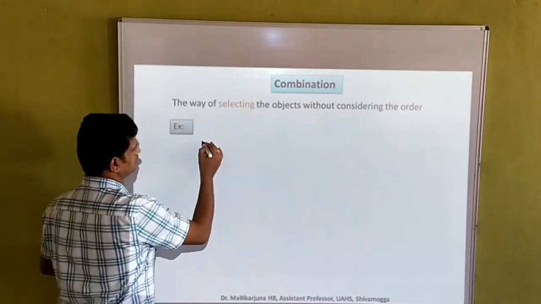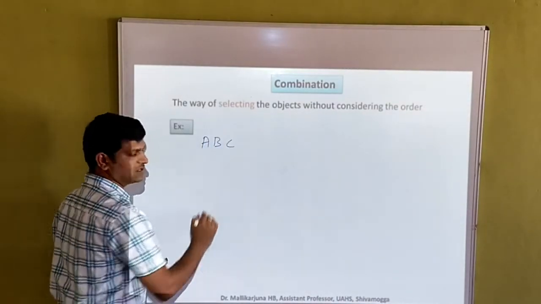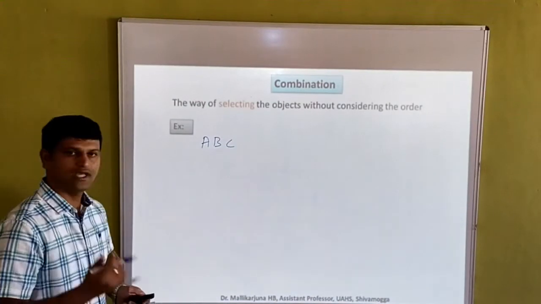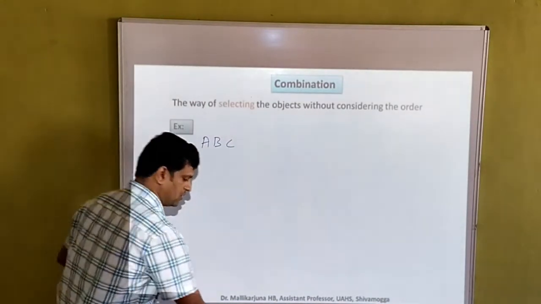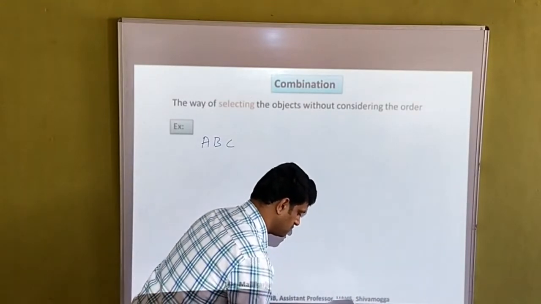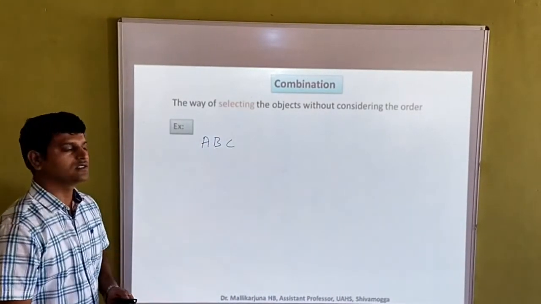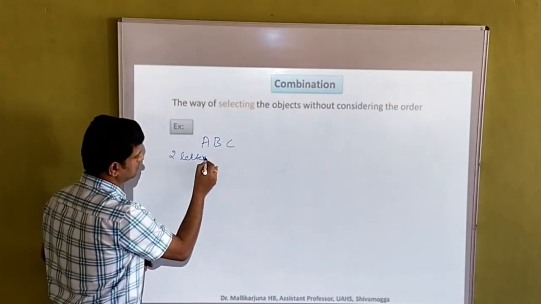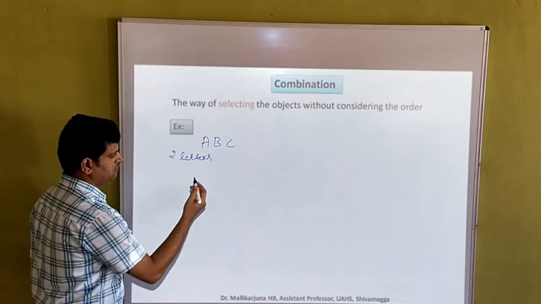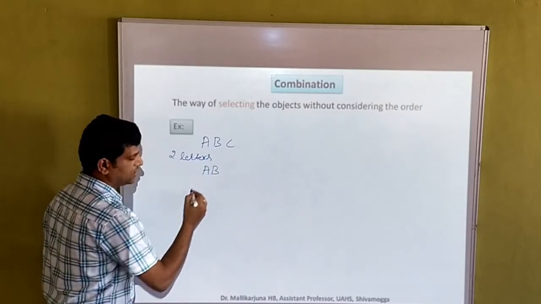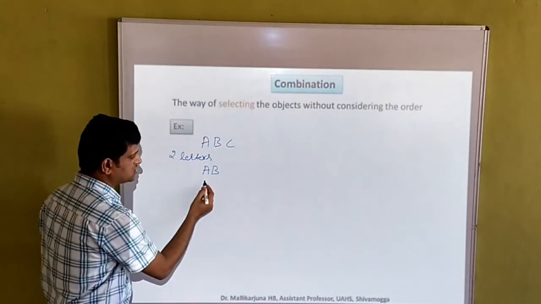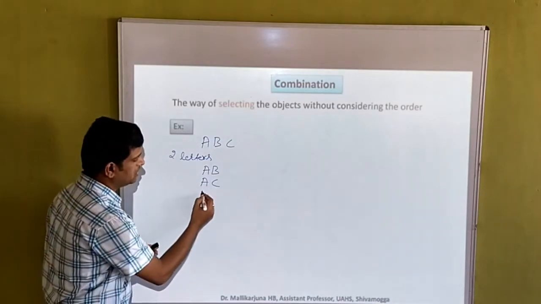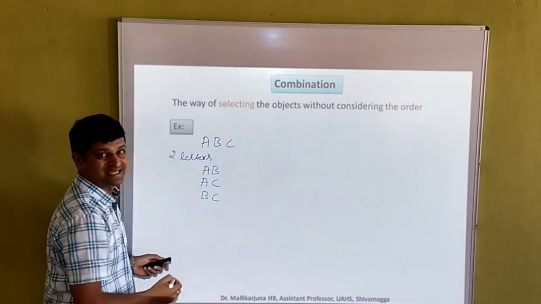Example: the same example, three letters A, B, C. Take two letters at a time. First AB, next AC, then BC.